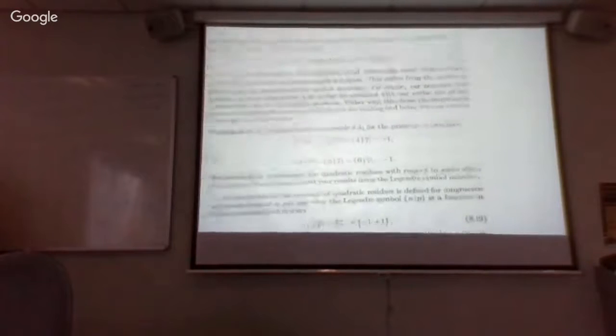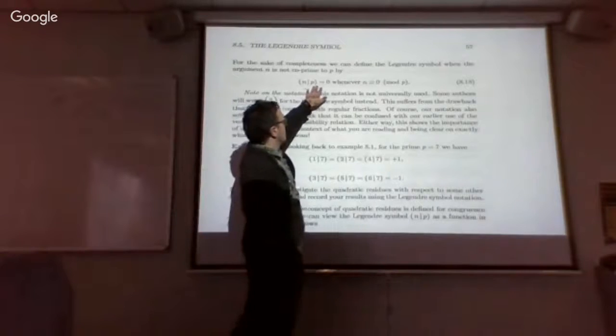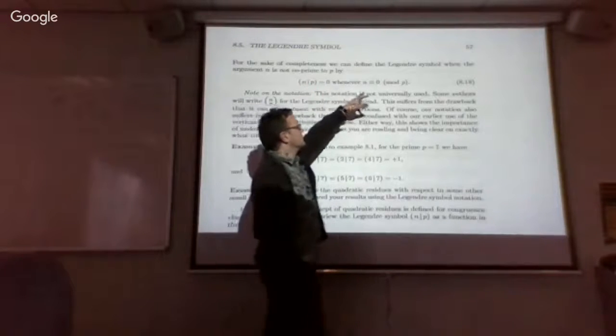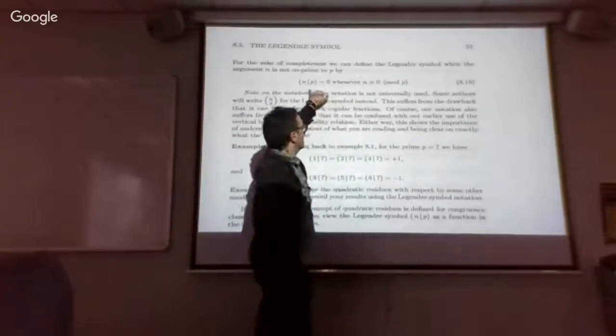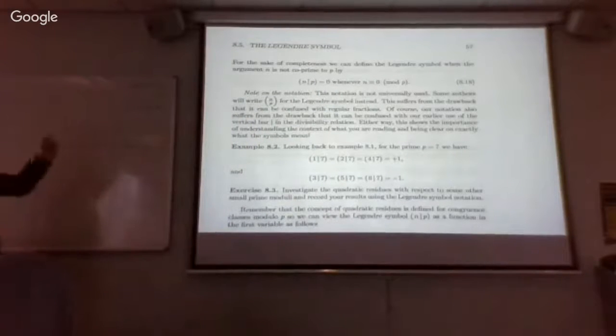Just for the sake of completeness, if we do ever encounter a Legendre symbol n over p where n is 0 modulo p, then we'll assign the value 0 to the Legendre symbol. But that won't come up a lot.